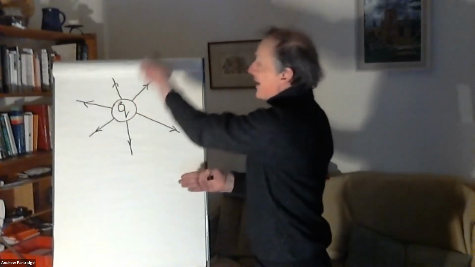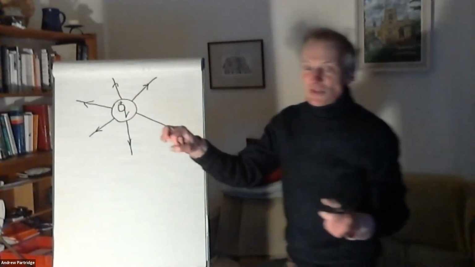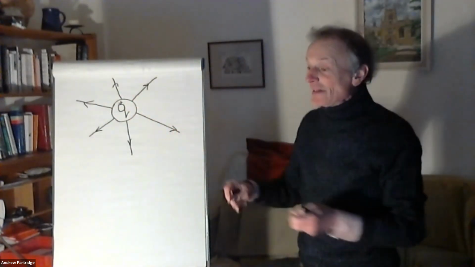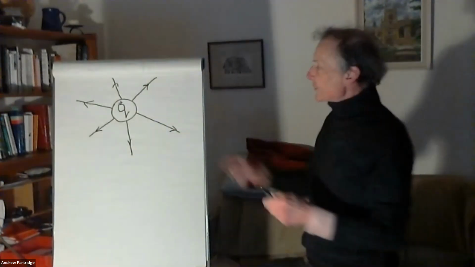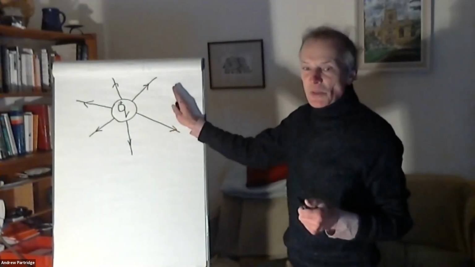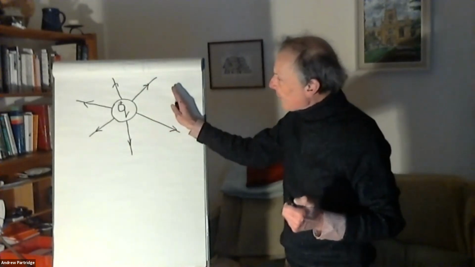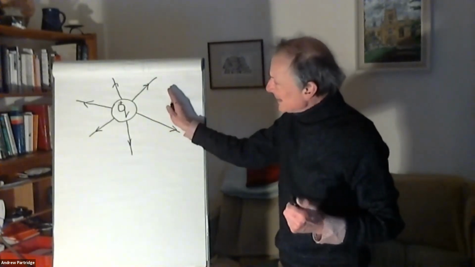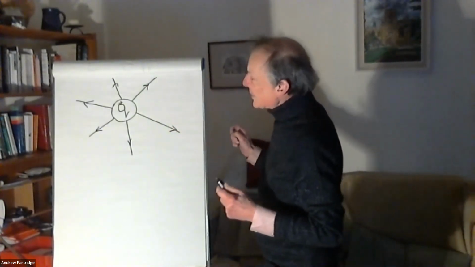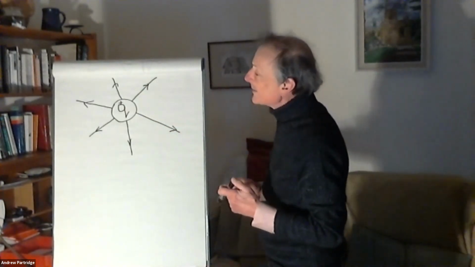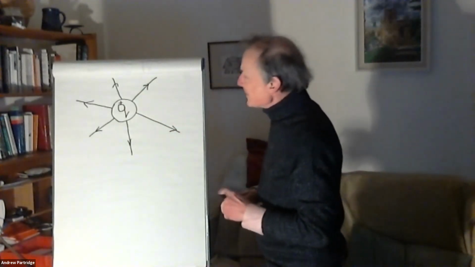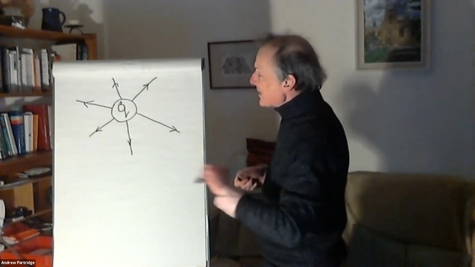And in 3 dimensions, dead straight lines like that coming out of a central point do indeed get weaker as the square of the distance that you're going away. So it all works very nicely. And it turns out to be quite a convenient mechanism for working out what's going on.